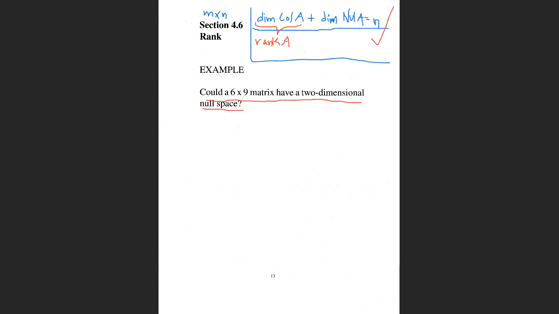So let me ask you, if a matrix has a two-dimensional null space, what would the rank be of the matrix?